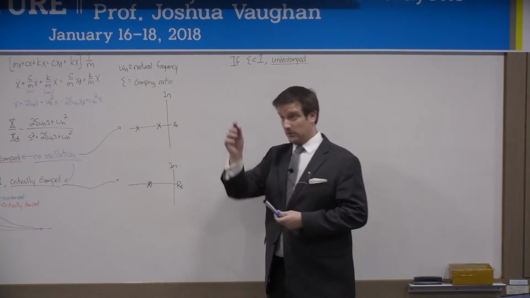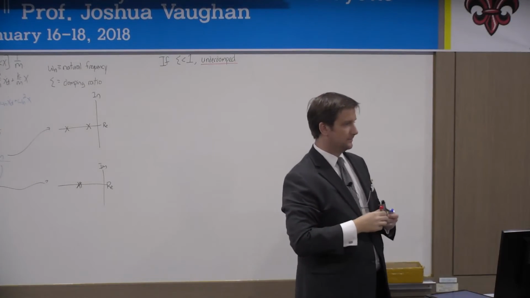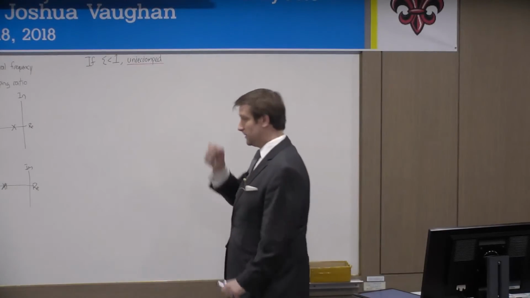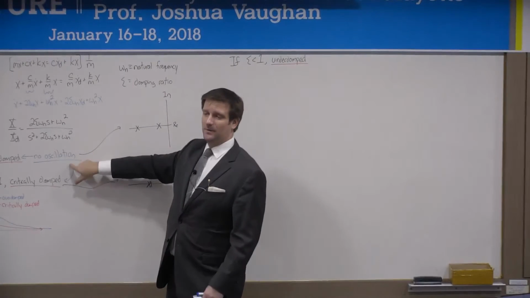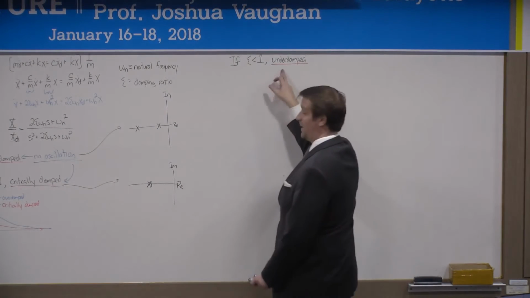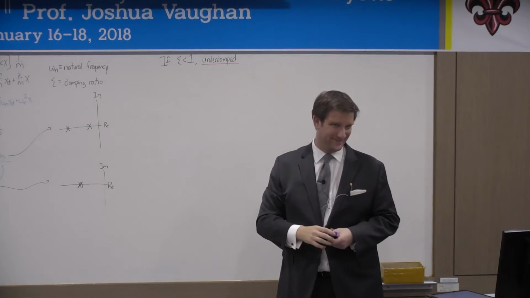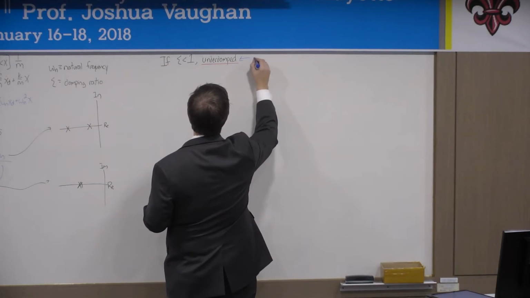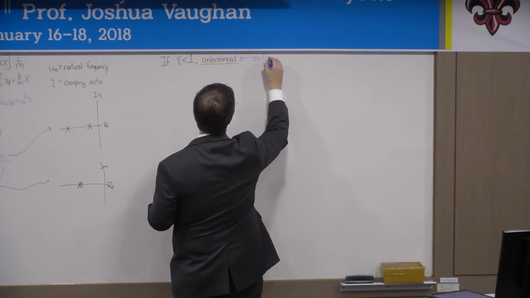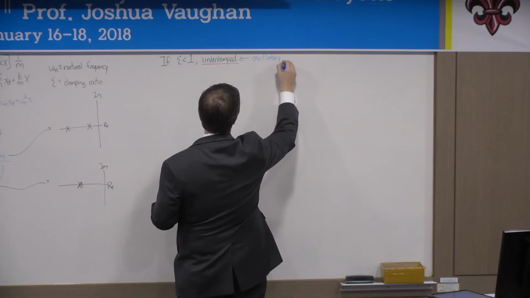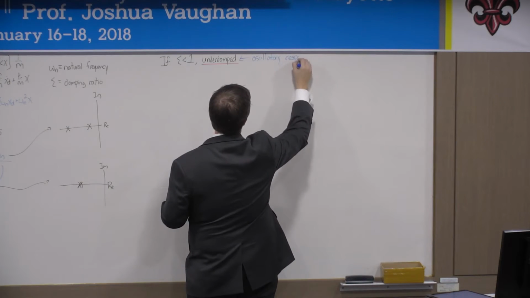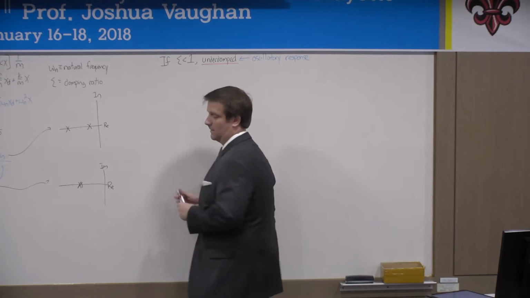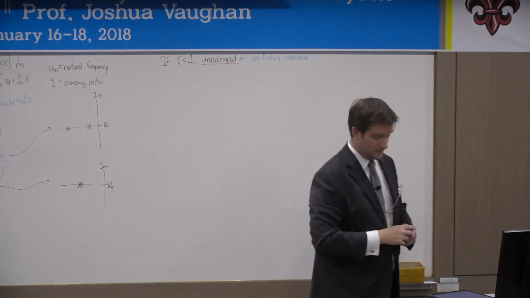Our last case, which we said was underdamped. If these are not oscillatory, then underdamped is oscillatory. It's kind of the opposite of that. So we have some oscillatory response.